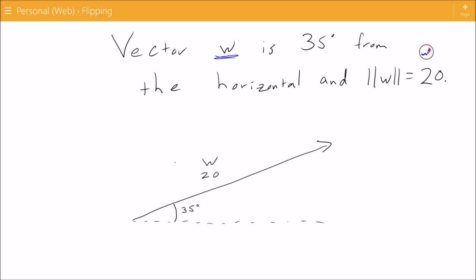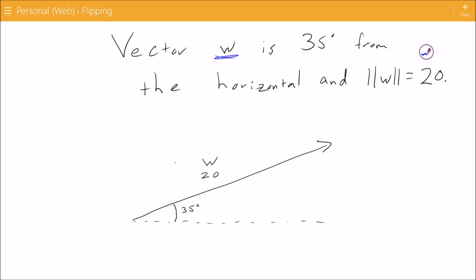Notice that my markings here, I'm working from a horizontal line that goes to the positive side of the x-axis, which is pretty standard when we're working with finding angles. So we've got a possibility of a total of 360 degrees. We're going to start in quadrant 1 right here, going from the positive side of the x-axis.